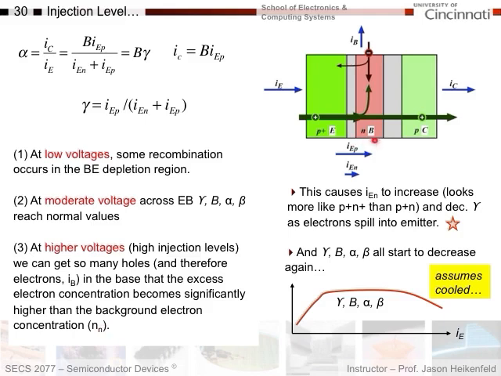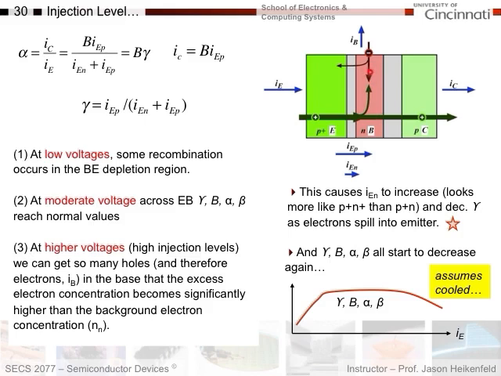So I'm going to have a ton of holes coming across the base. Remember, we said that every time you have one hole added, you have to add an electron, right? Because of charge neutrality. So let's say that this was doped originally, let's say 10 to the 15th in the base. Well, if I'm injecting so many holes that the concentration is 10 to the 17 holes, that requires at any given time 10 to the 17th per cc electrons.